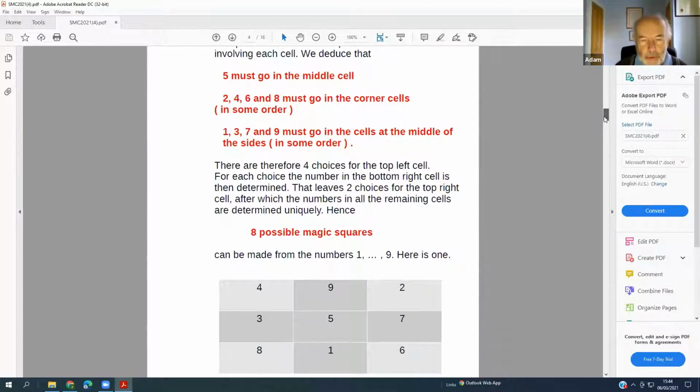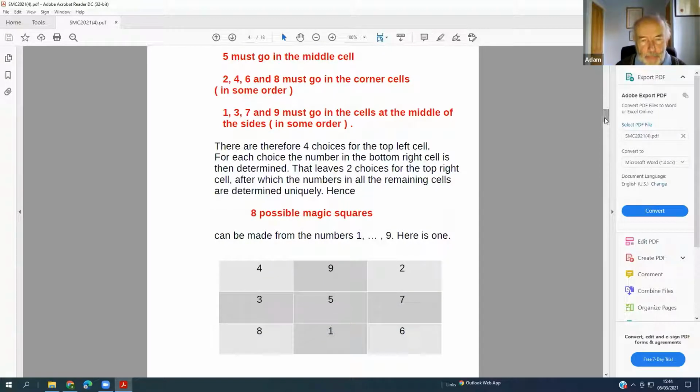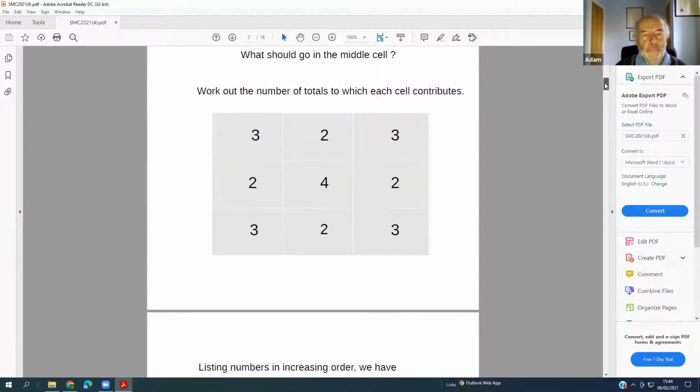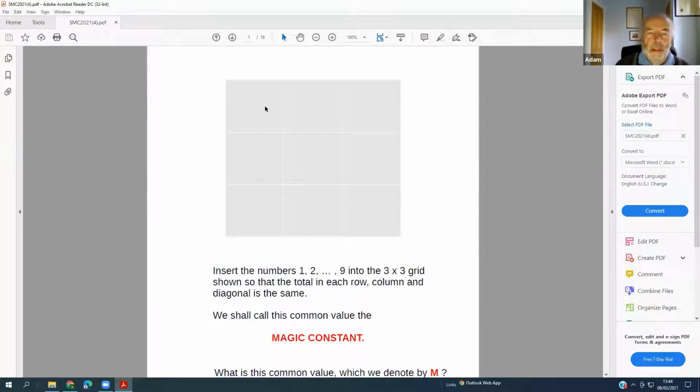And that now enables us to work out the number of possibilities. Because in the top left-hand corner, go back up here, we have 4 choices, one of the even numbers. Once you've chosen that one, because 5 is already in the middle, that tells you what's got to go in down there, because these 3 have to add up to 15.